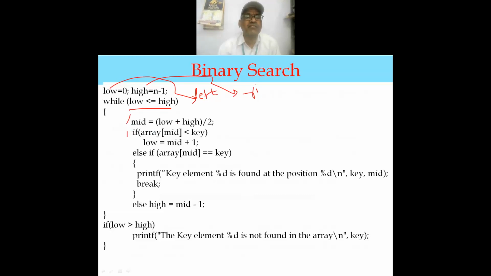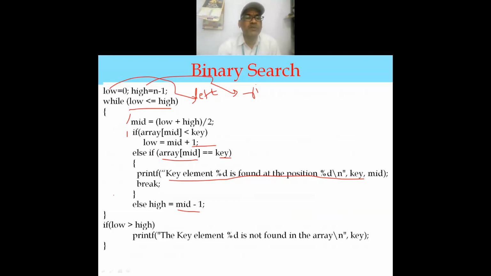And we check that if array of mid is less than key, we position low to mid plus 1. Else if array of mid is equal to key, then the search is successful, the key element is found at the mid location, and we come out of the while loop. Otherwise, the key will be present in the other half of the array, so we move high to mid minus 1.